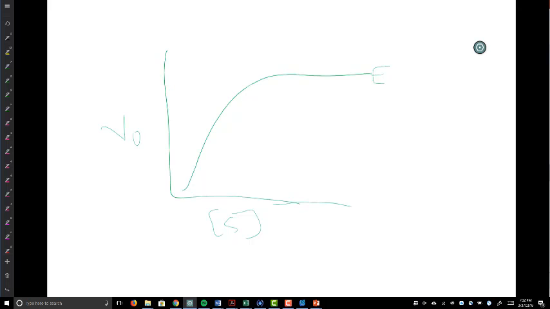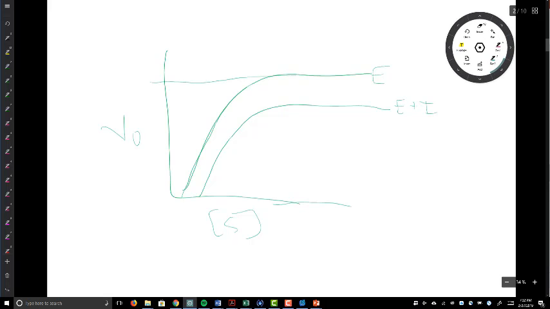So if we have substrate concentration on the x-axis, let's say we're shifting to the right. If this is our V0, we want to make it the same. If that's our Vmax, half Vmax is here.